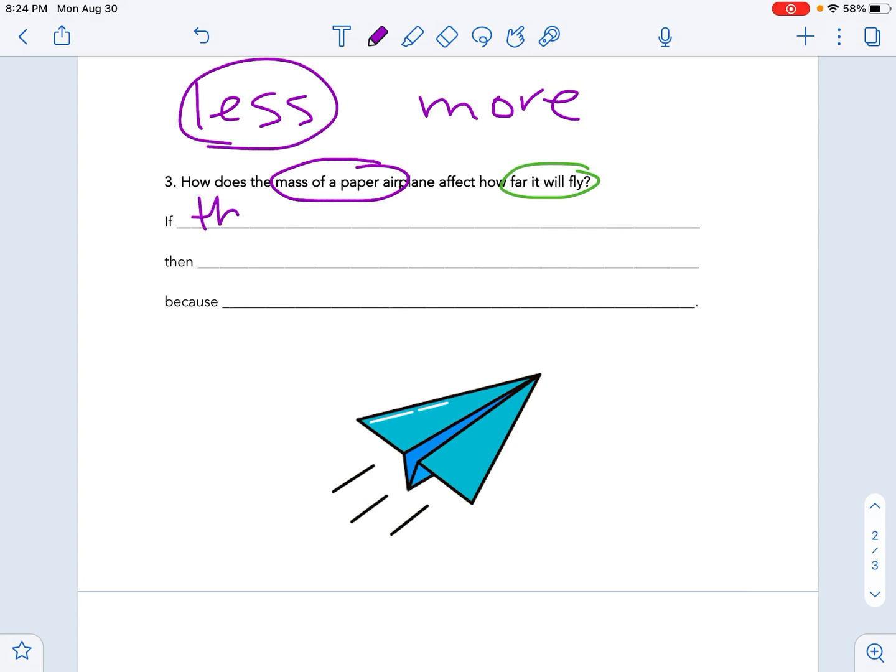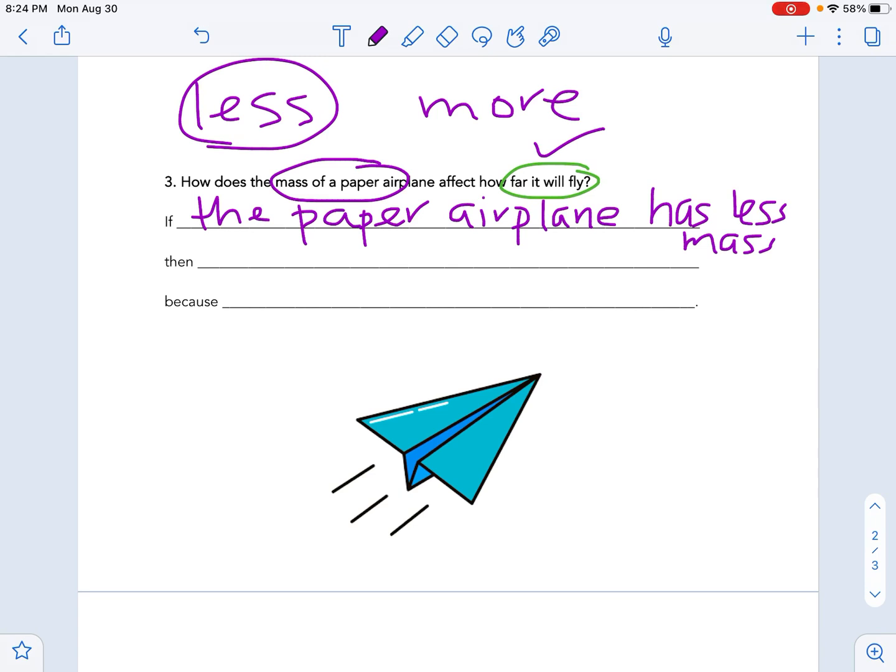If the paper airplane has less mass, so then I need to think, and now I need to talk about how far it's going to fly. Do I think it's going to fly further? Or do I think it's going to fly less than my airplane that has more mass? So I would just pick a side.